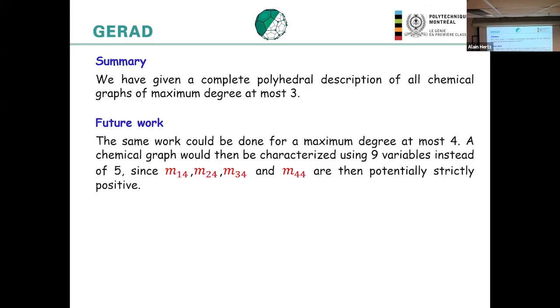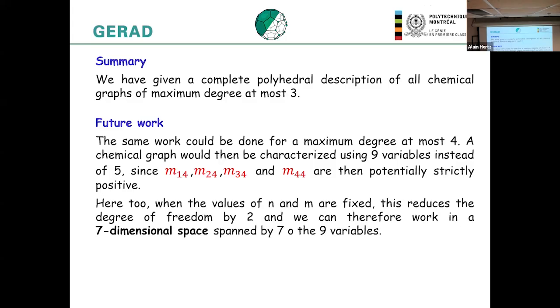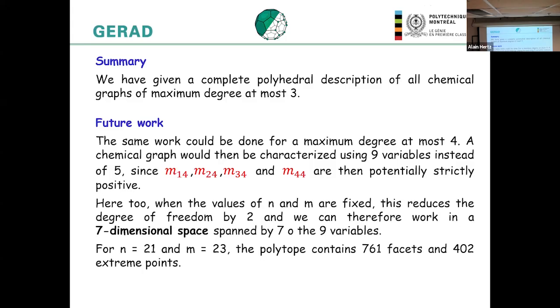So we made some tests, just to have an idea. So we will have to work in 7-dimensional space. It seems that what we tried, the most difficult case, I would say, with the largest possible number of extreme points, is around 400 points. It's not thousands and thousands.